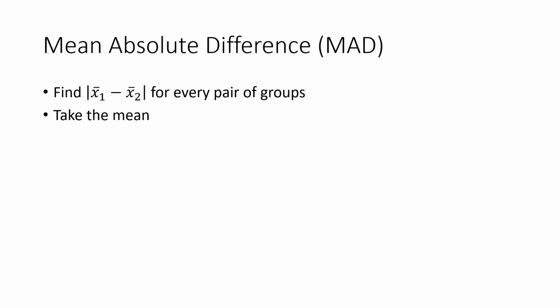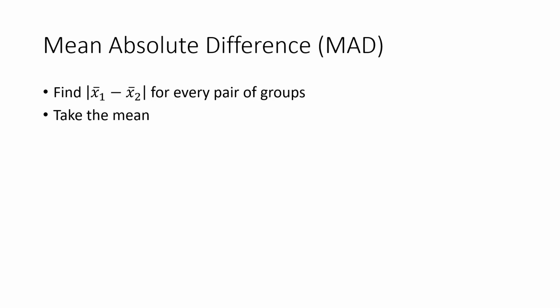The statistic we'll use for a test of multiple means is called the mean absolute difference, or MAD statistic. The idea here is that we'll find the difference of sample means, x bar 1 minus x bar 2, for every pair of groups, 1 and 2, and take the absolute value of that, so it becomes positive, regardless of which order we did the subtraction in.